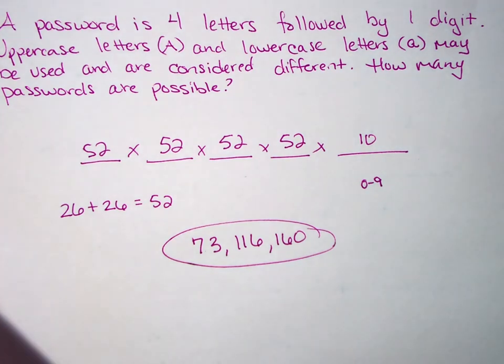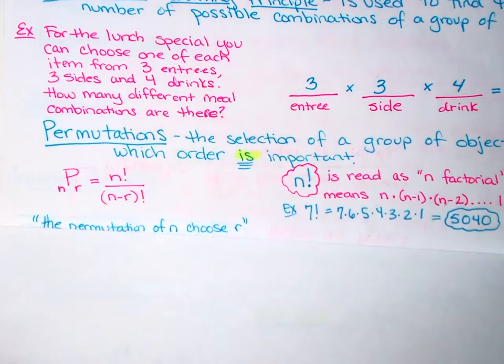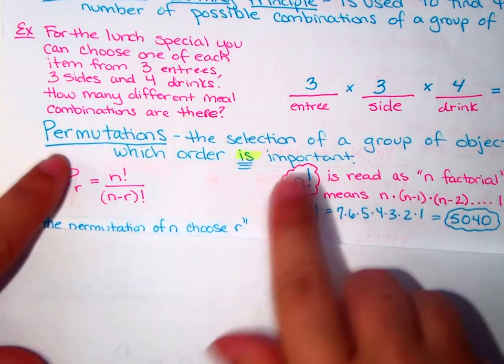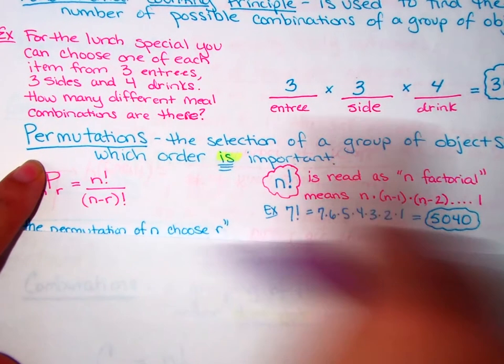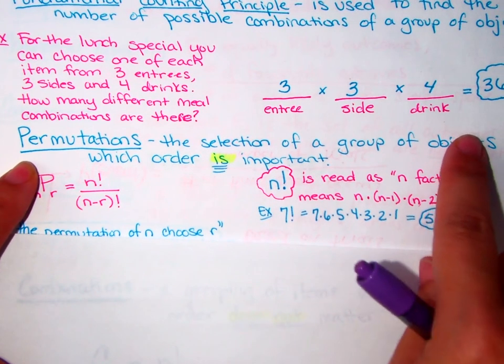All right, let's go back to our notes. We're going to talk about permutations. This was an example, and I've already sent you guys the pictures of the foldable. This was our entree, side, and drink.